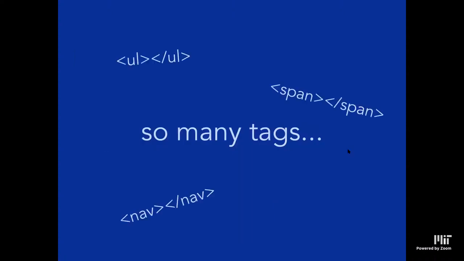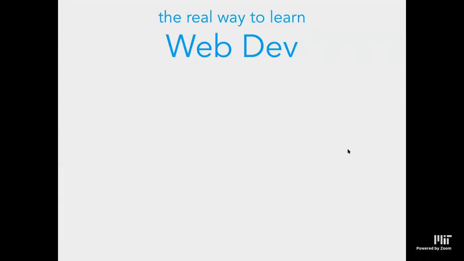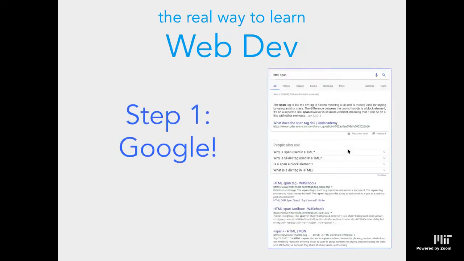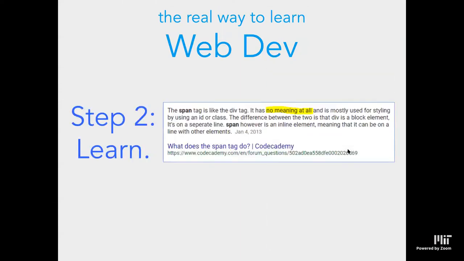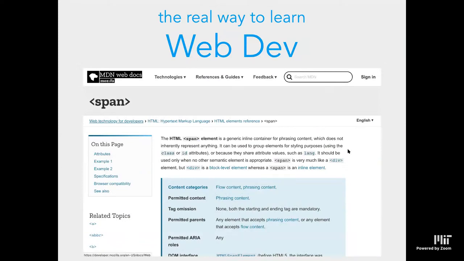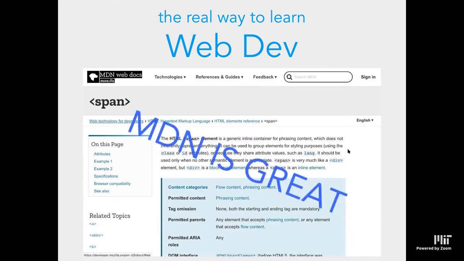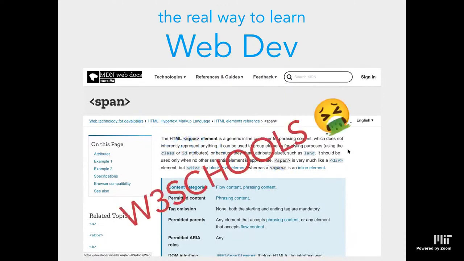Okay. And there's a lot of tags. And like I said before, the real way to learn is to Google. Google is your friend. And then you can learn after you Google. Don't forget that part. And you'll learn that div and span don't have any meaning. And please look at MDN web docs over W3Schools.